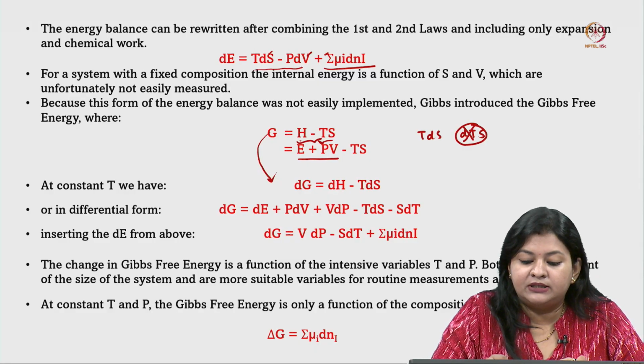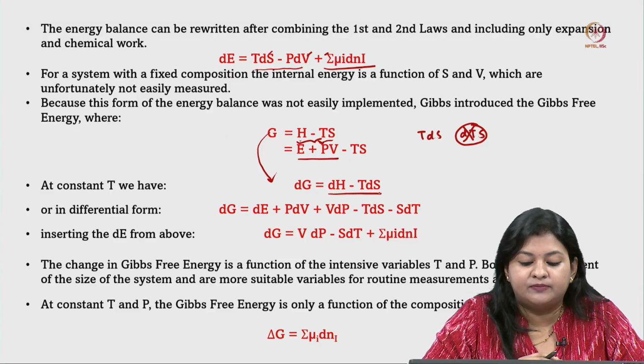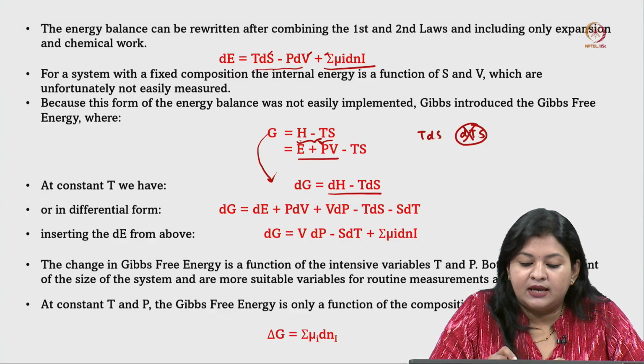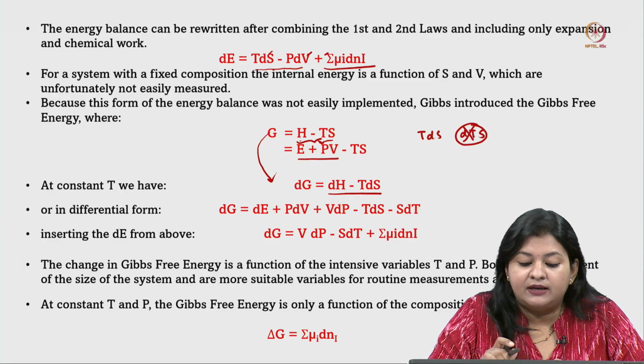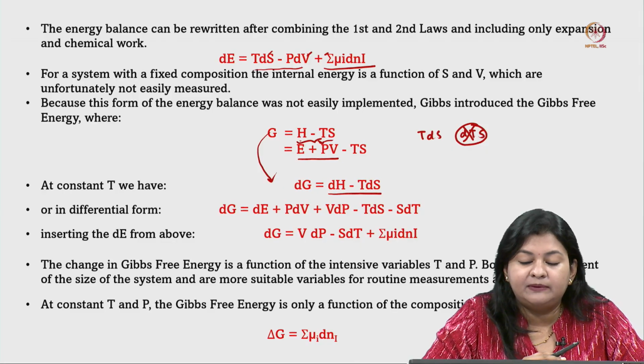At constant temperature, we are only left with these two terms. So, dG is equal to dH minus T dS. Now, what is dH? Again, H is equal to E plus PV.